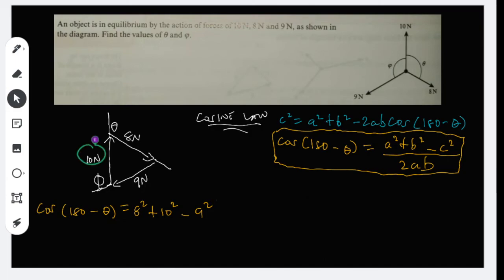You put first the sides that are adjacent to the angle, that's why we have 8 squared and 10 squared, and then subtract the side that is opposite the given angle. All over 2ab, so that will be 2 times 8 times 10.